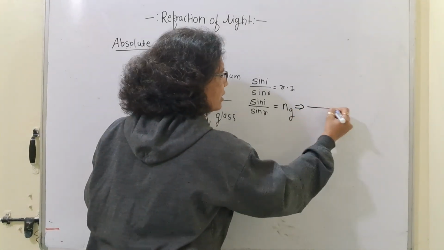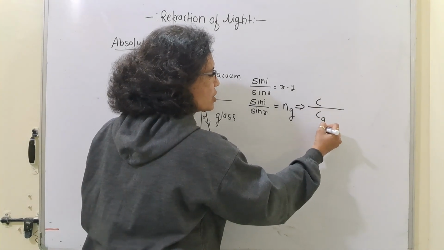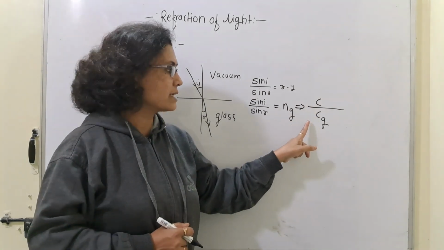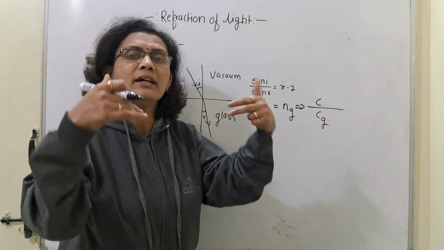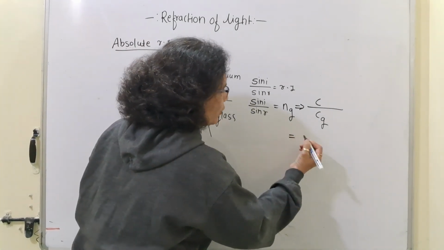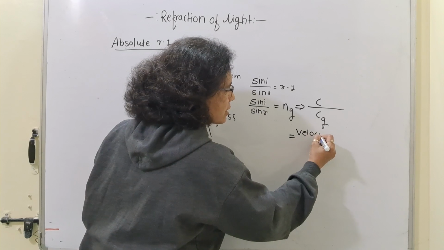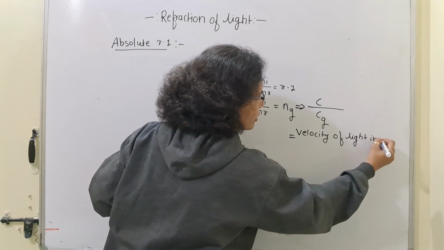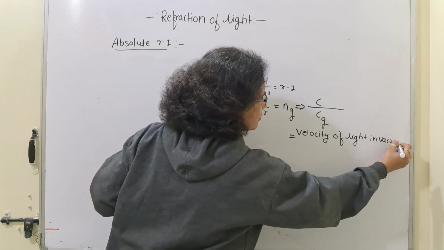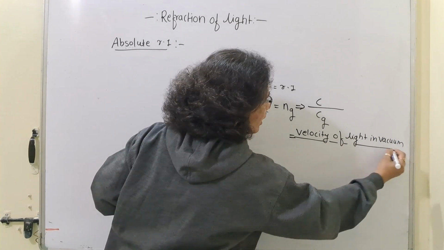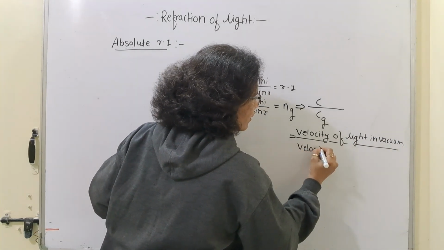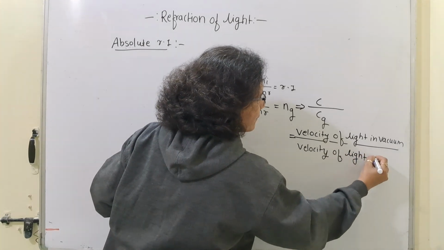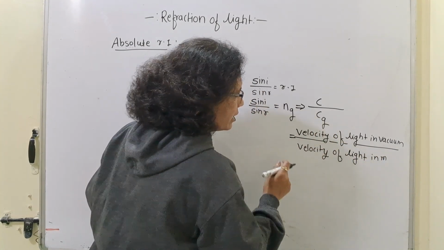We can write here C upon Cg also. What is C here? C is the velocity of light in a vacuum, and Cg is the velocity of light in glass. This is another formula for refractive index, that is velocity of light in vacuum divided by velocity of light in medium, or here it is in glass.